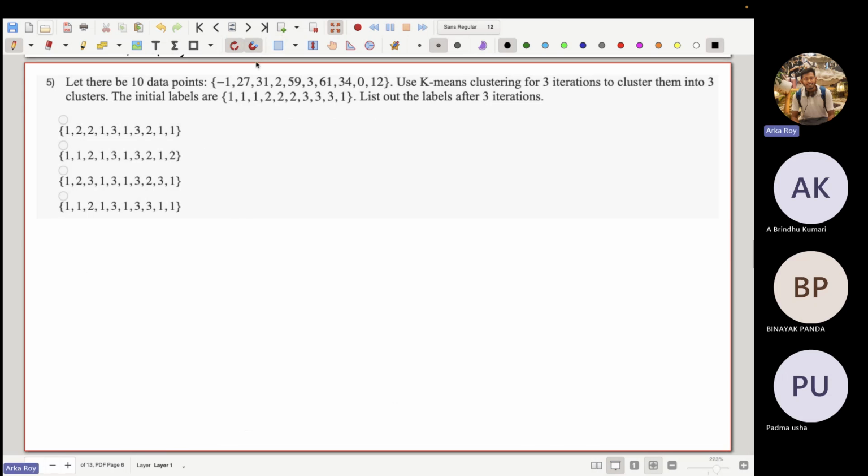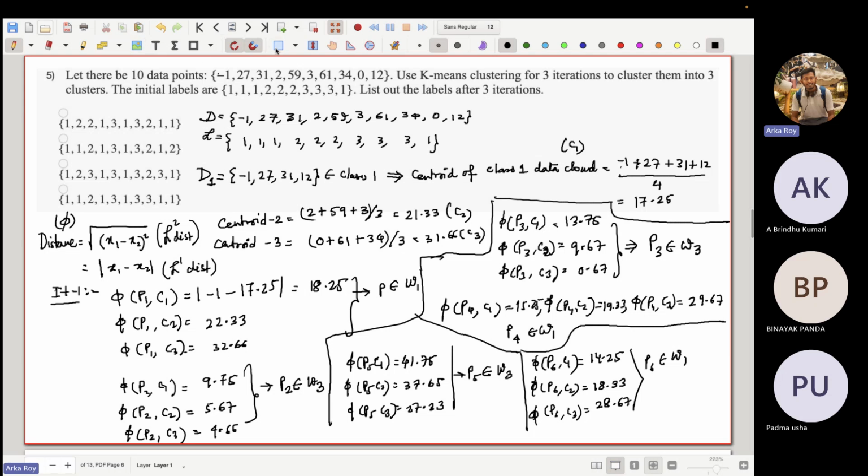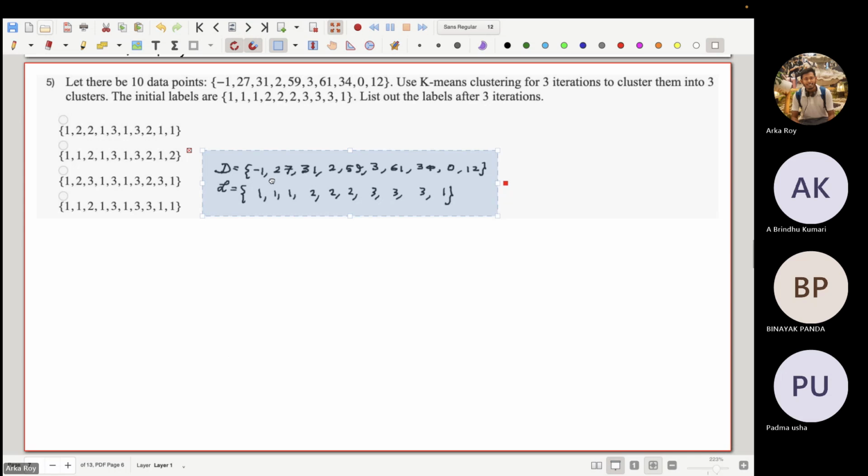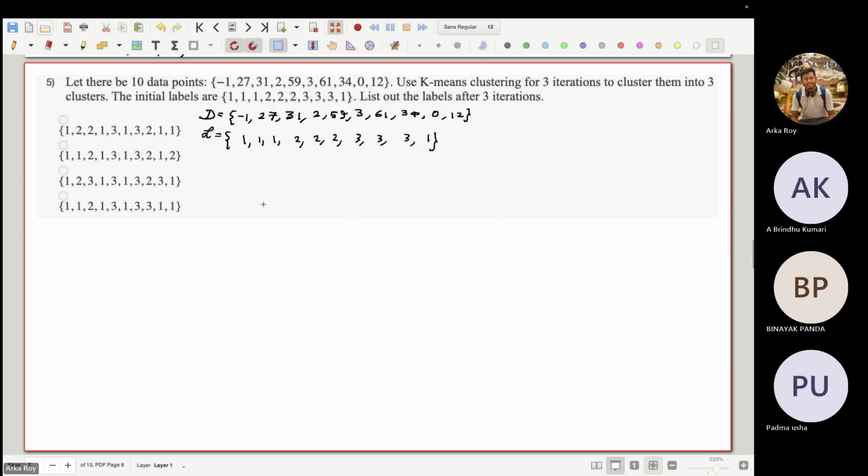Now I can take another page. I will just copy some of the things from the previous slide. In the last one we solved for P6. Now let us do P7 C1, P7 C2, P7 C3.